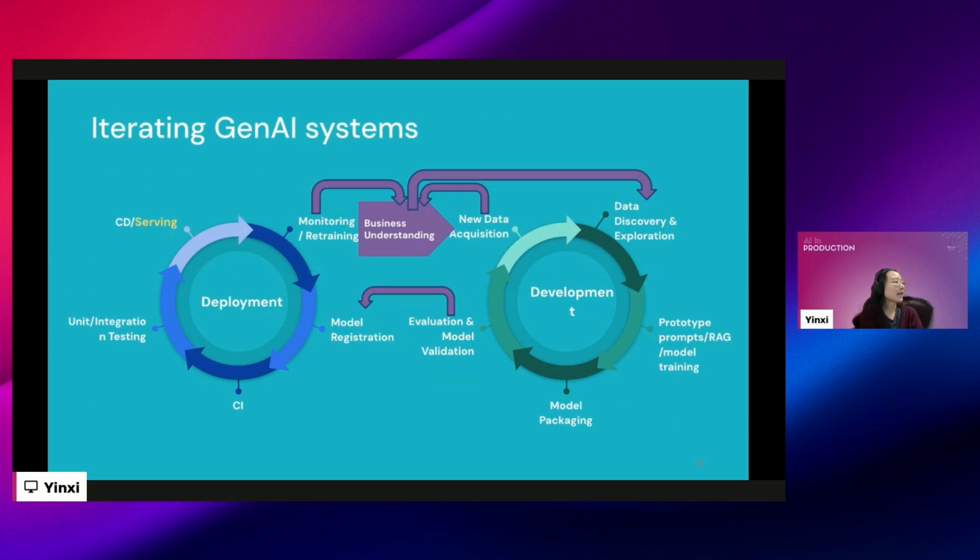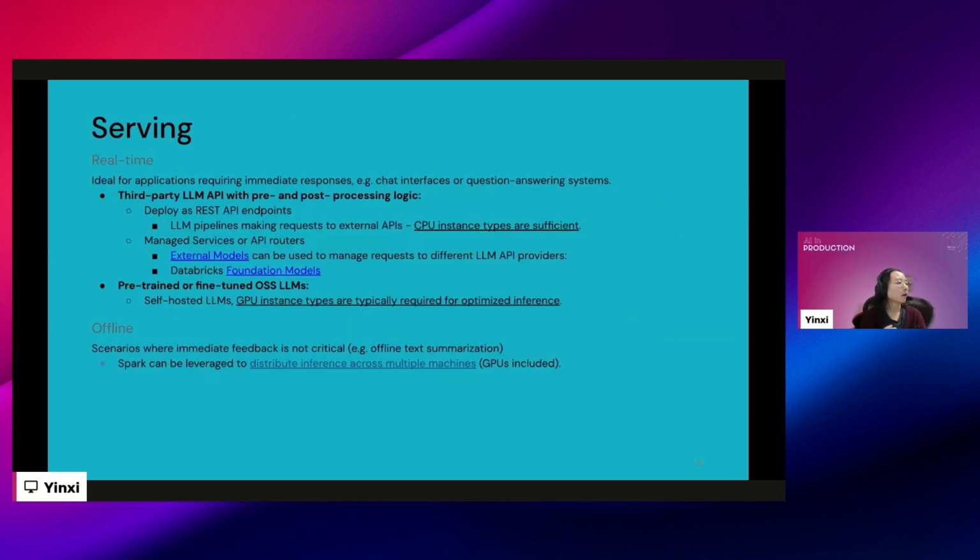And the last component in the ops system we want to cover here is serving. There are different serving options. If you don't require a real-time response, batch and offline serving is a good choice.